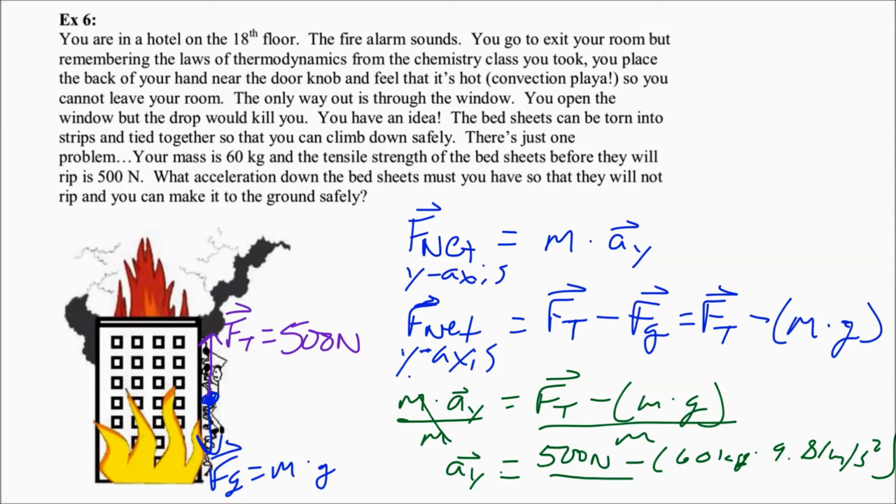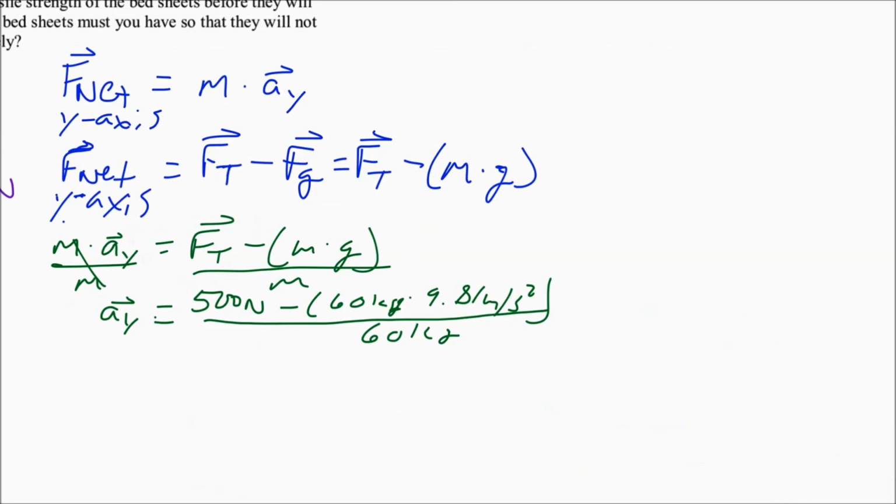And then we need to divide all of that by our 60 kilograms. Alright, so I'm coming up with negative 1.476, so on and so forth, meters per second squared.